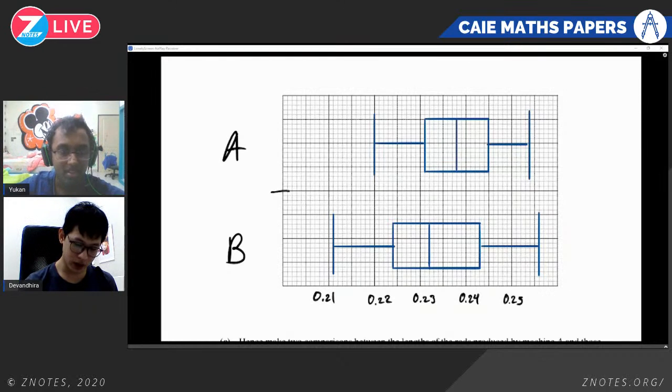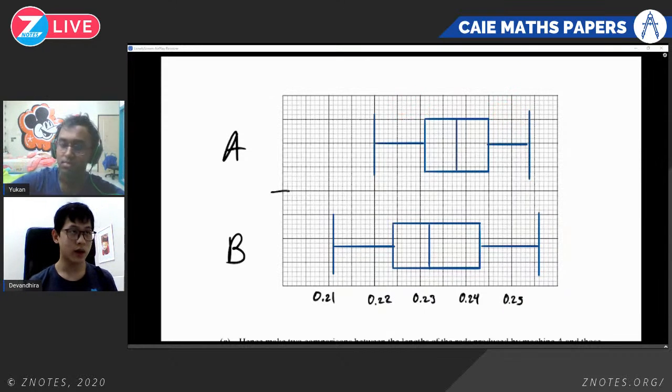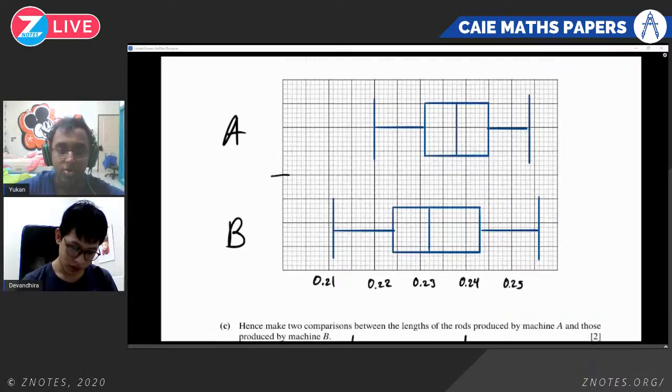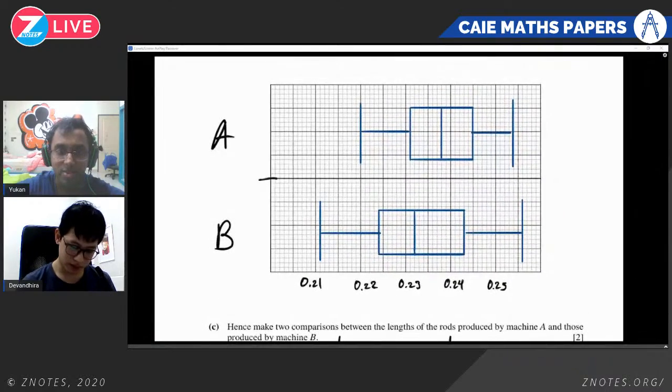The whole box represents our interquartile range.